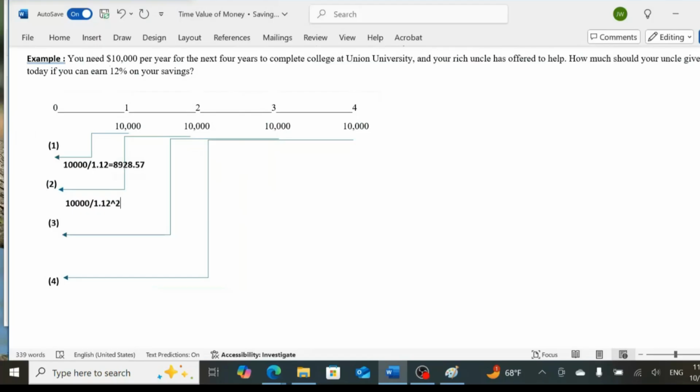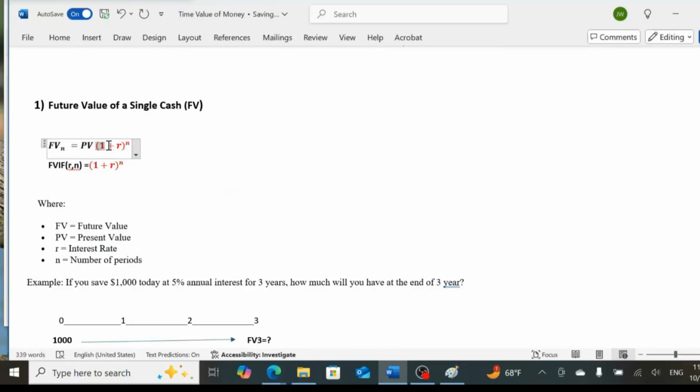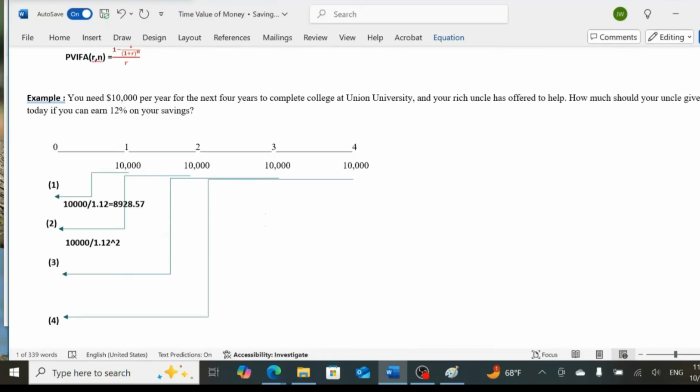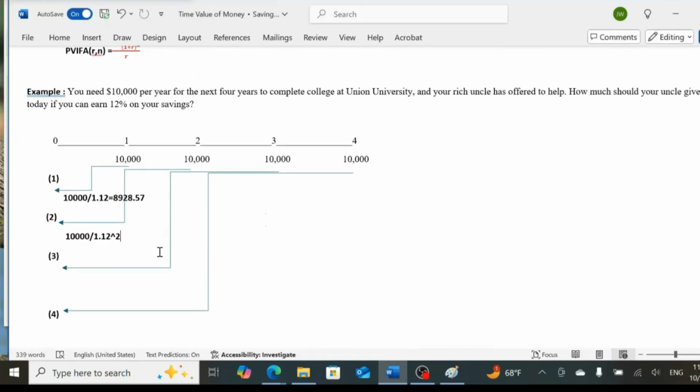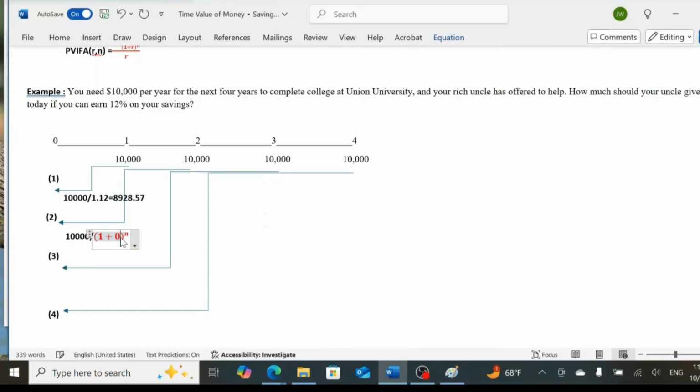Let me copy this and replace the exponent here with a 2. This is fine.